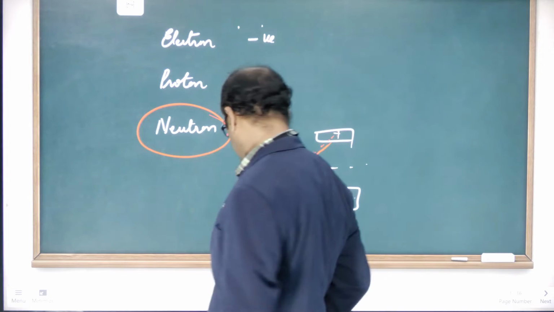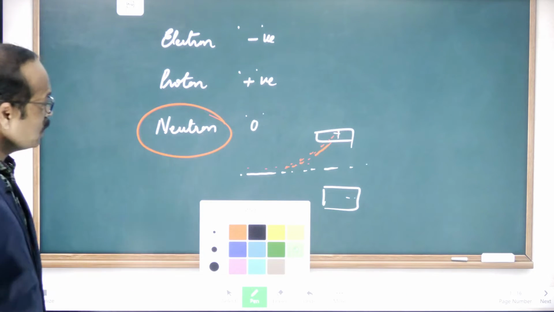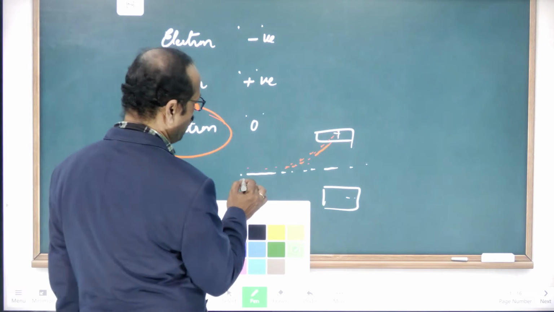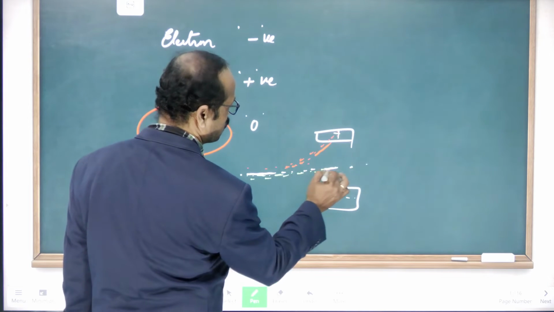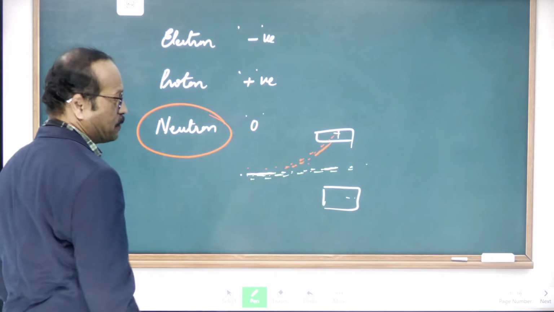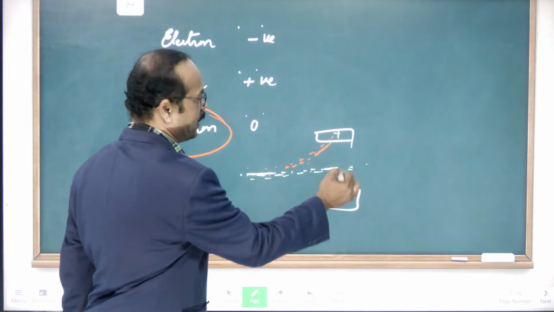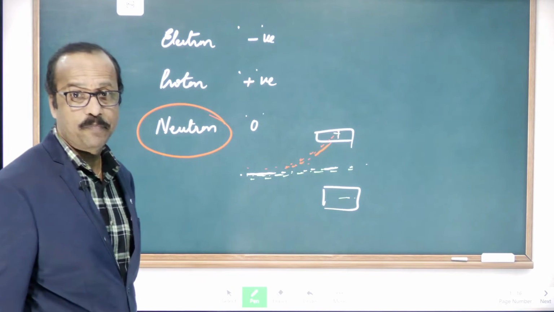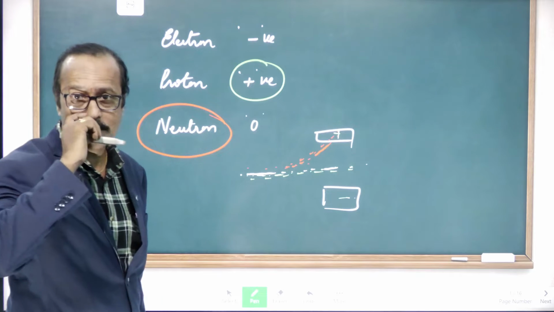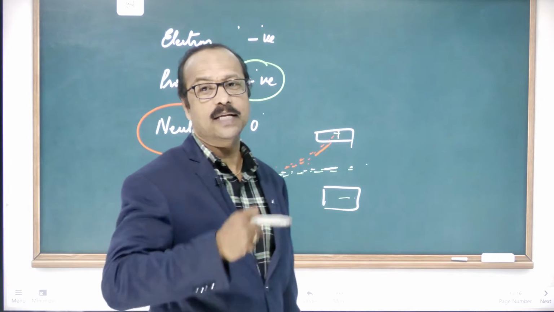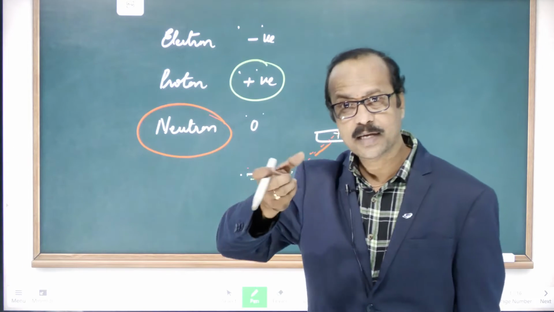Now, for example, protons are moving straight. Now if I place these plus and minus charges here, then what happens? Protons are also charged particles, they have the positive charge, and like charges repel, unlike charges attract.